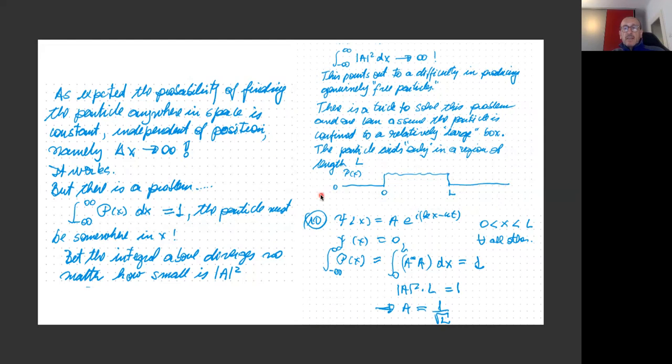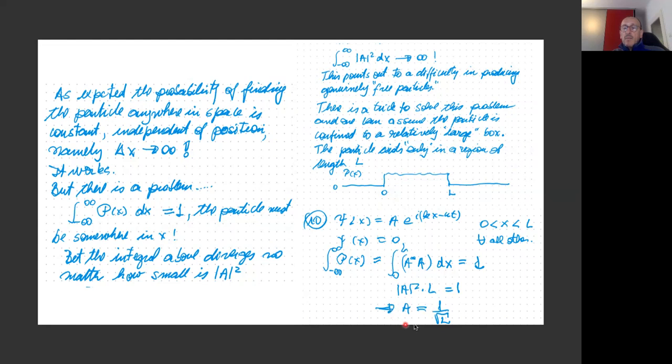If that is the case, I can normalize: the integral between minus infinity and plus infinity of P(x) dx is equal to the integral between 0 and L of A squared, a constant, dx, which is equal to 1.